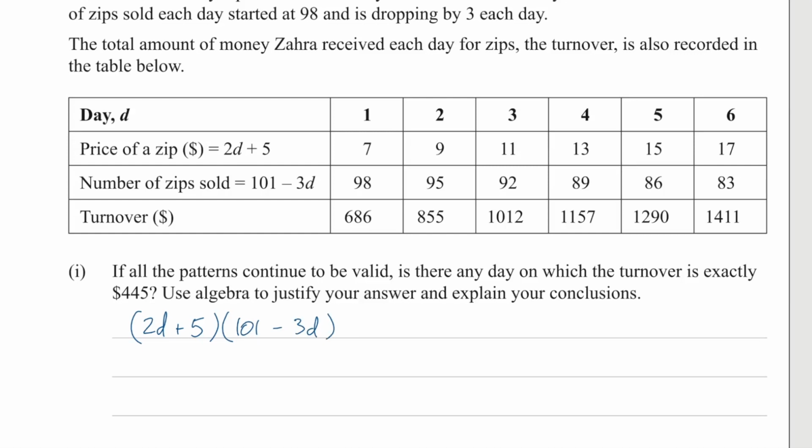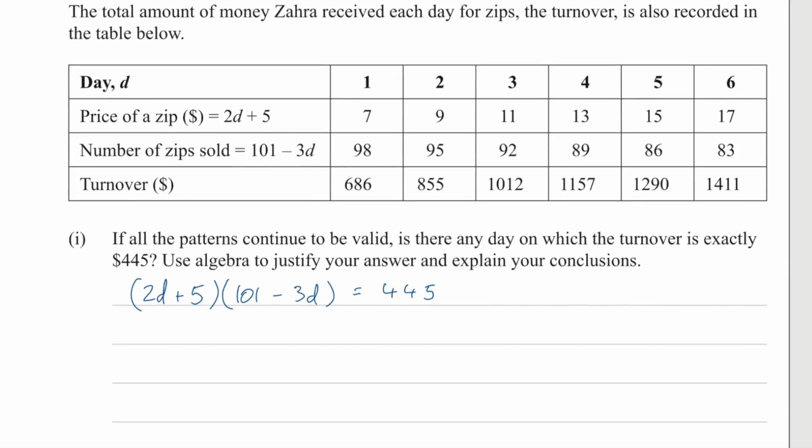That gives us the turnover, and the question's asking that it needs to equal $445. Awesome, so we're setting up a quadratic equation. Let's expand out the left-hand side: 202D minus 6D squared plus 505 minus 15D equals 445.